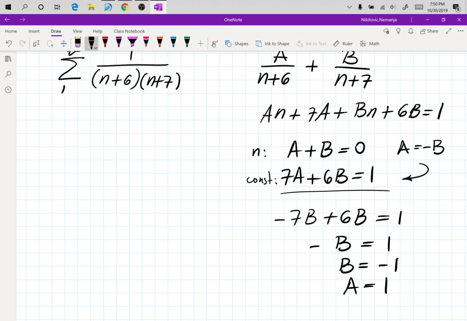Okay, good. So now this problem is actually the summation from 1 to infinity of 1 over n plus 6 minus 1 over n plus 7. And all we need to do now is to write all of that stuff out, cancel.